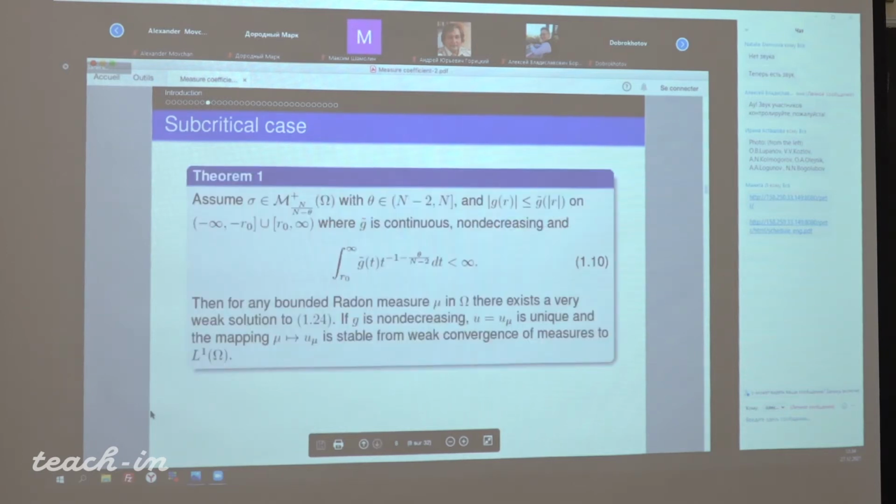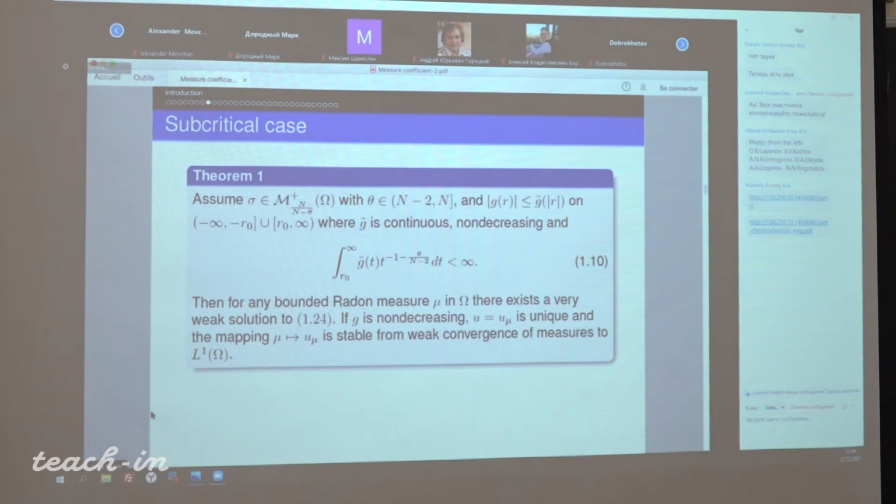Now what is the main result? I call it the subcritical case. In the subcritical case, you assume that you have a measure sigma in M^+ of n minus theta, with theta between n minus 2 and n, and g bounded from above by some function g tilde of the absolute value of r, for r large enough.